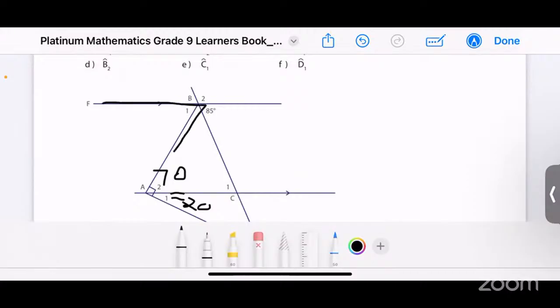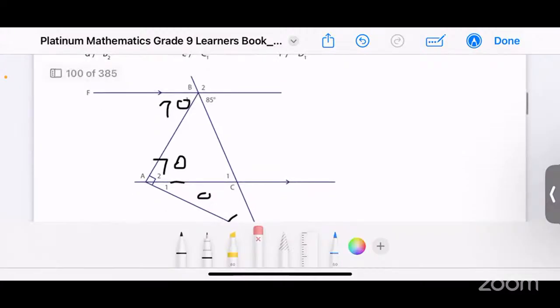Yes, it's forming a set. Are you seeing where I did draw? Did you see that, grade 9s? Yes, ma'am. Here there's 70. It means here on B1 there's also what? 70. I want to erase this set. So it means B1 is 70.